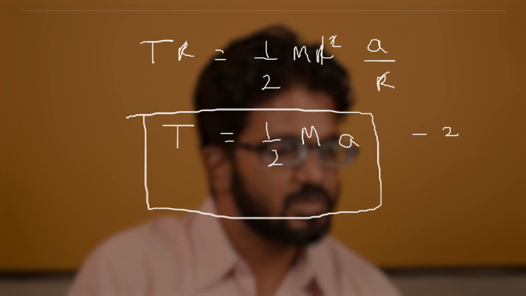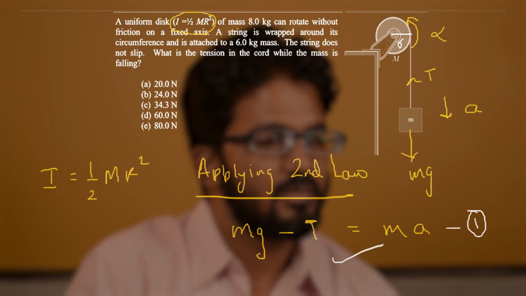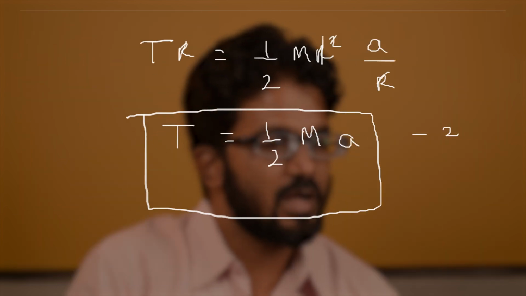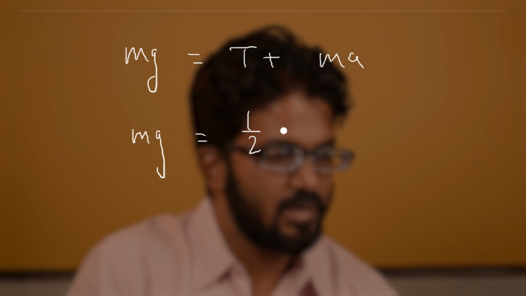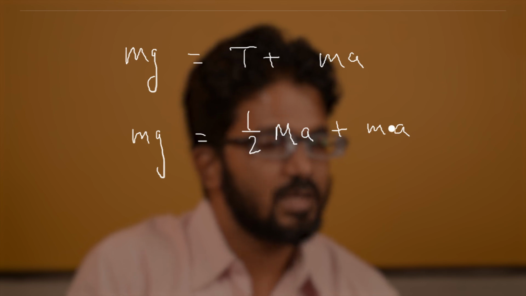Apply this equation to the first equation that we have. In place of tension T, we can write mg is equal to T plus ma, where T is nothing but half of Ma. So mg is equal to half of Ma plus small ma, where M is the mass of the disk and small m is the mass of the block.